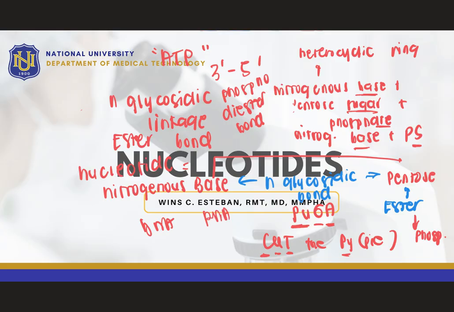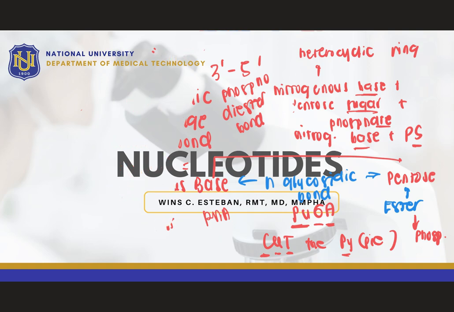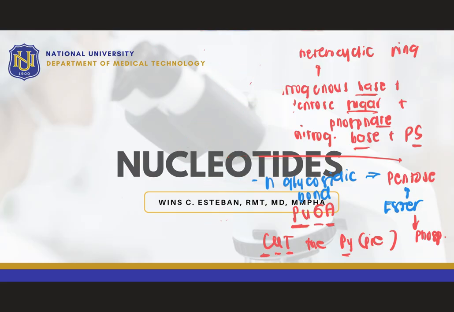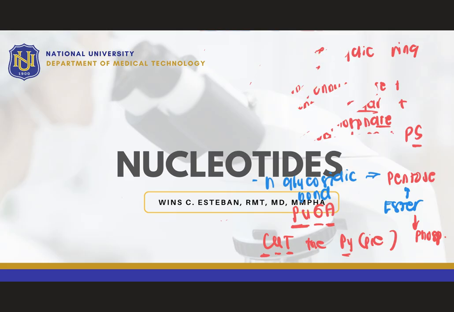So now let's just compare your DNA and your RNA. Okay, so for DNA, so this is your DNA compared with your RNA. So DNA again can be seen in your nucleus. Your RNA is located in your cytoplasm.